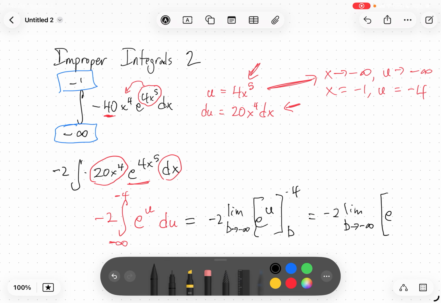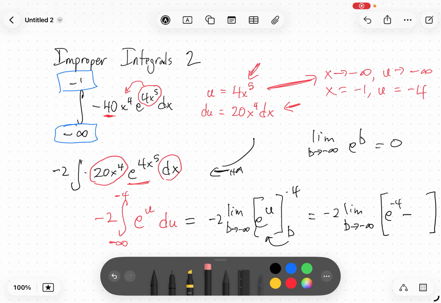So this should be e to the negative 4 minus what? Well, it should be clear that the limit as b approaches negative infinity of this is 0, because it's an exponential function. As you go off to the left, you have a horizontal asymptote of y equals 0. So that pretty much gives us our answer.